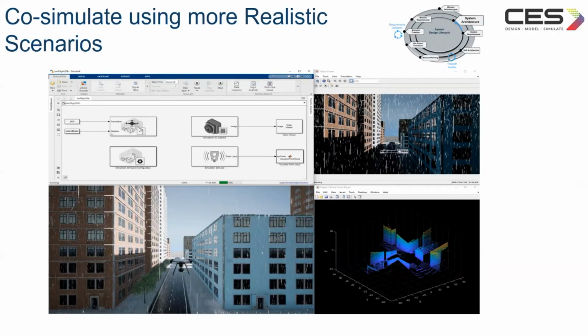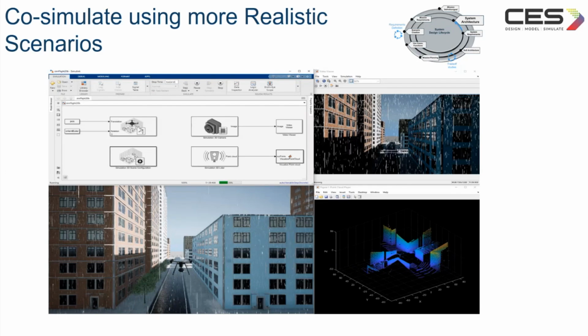It can be raining, sandy. You can define the environment, okay? And what is the benefit of co-simulating? This allows us to evaluate not only whether the system works, but whether it can successfully perform under real conditions.